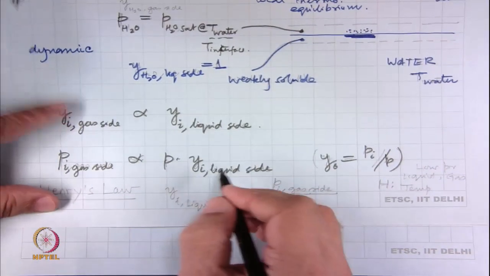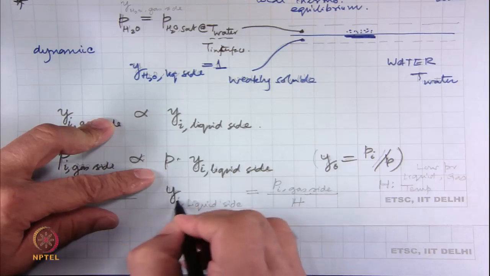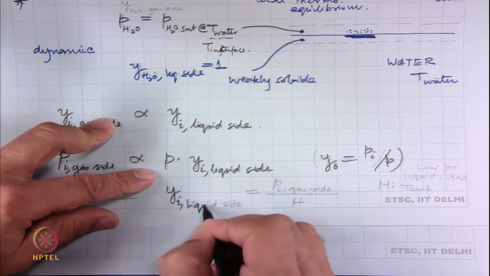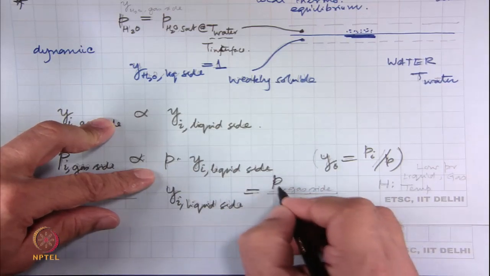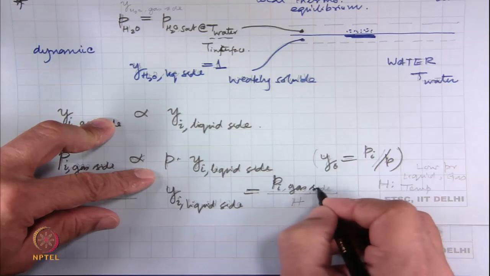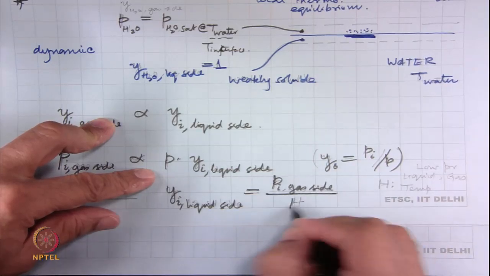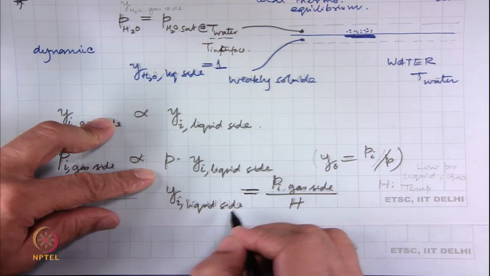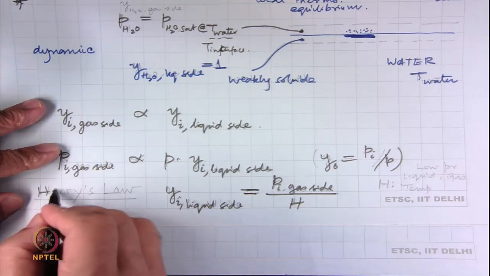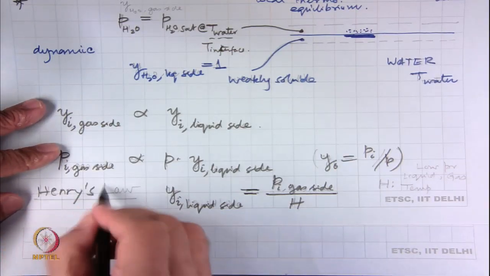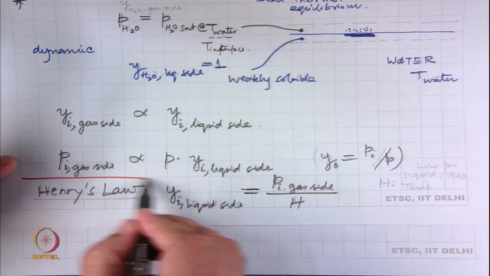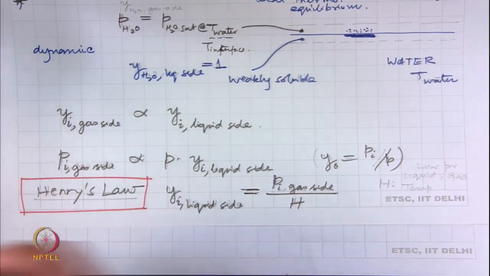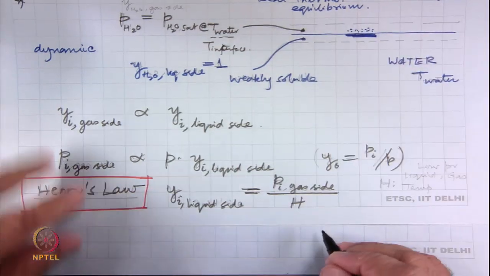So, we can modify this slightly and get an expression that Yi on the liquid side is equal to Pi on the gas side divided by H, which is the constant, and this is called Henry's law. So, for a limited class of problems, we have Henry's law telling us what the equilibrium condition at the interface is.